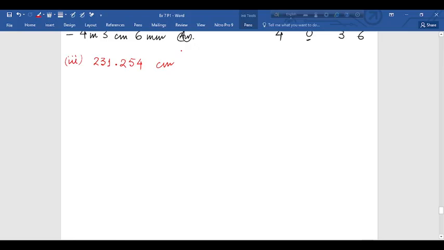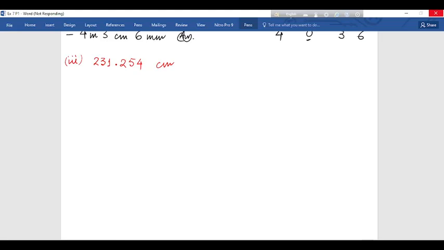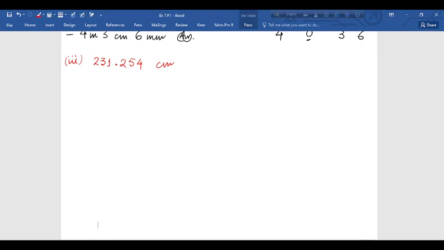Now in this, either you could write the whole table or whole structure, or the structure that is required only to solve this problem. I'm going to solve 5 part 3. 2, 3, 1, 2, 5, 4.